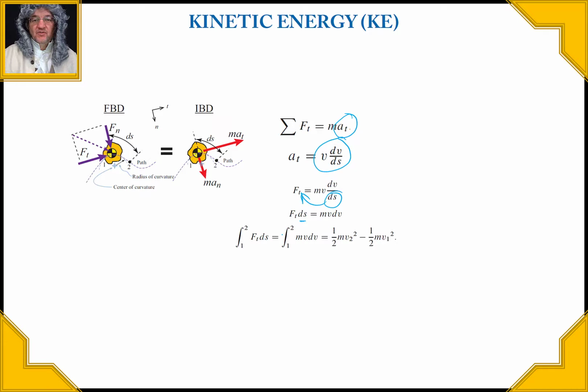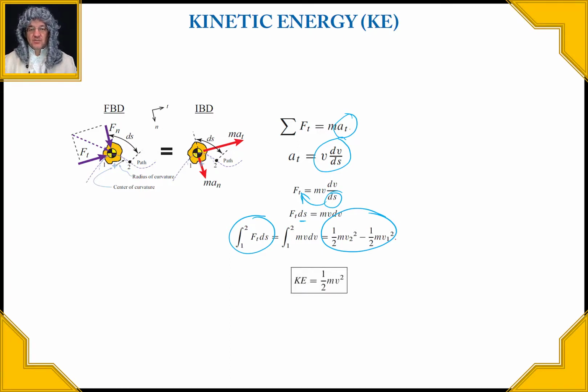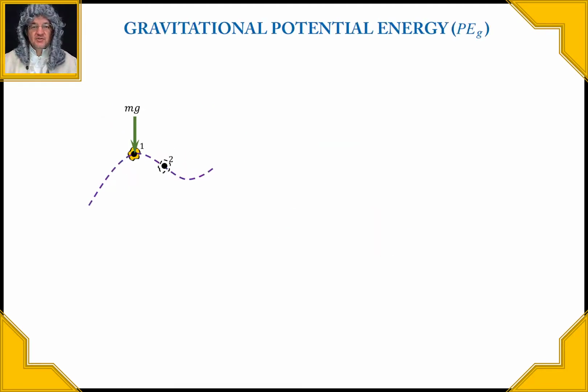We integrate both of them, and we find 1/2 mv squared at state 2 minus 1/2 mv squared at state 1. So this on the left is work, and this on the right is a change in kinetic energy. So we can see there's a relationship, and we define kinetic energy at state 1 and state 2. Here's a way to think of some of the connective tissue between them.